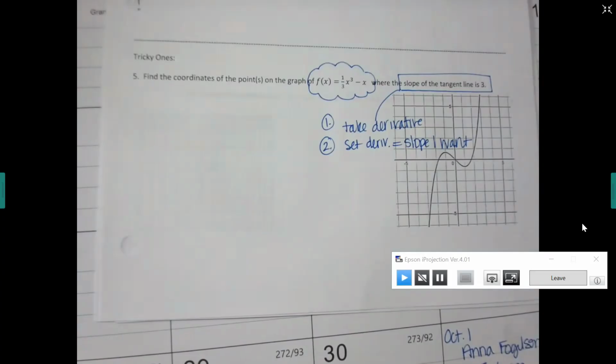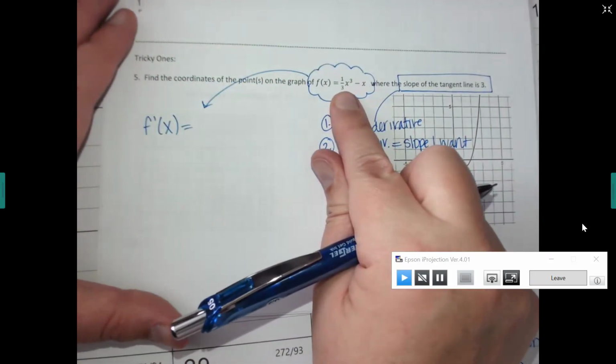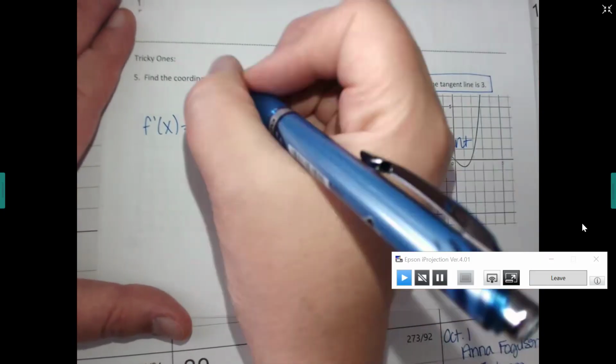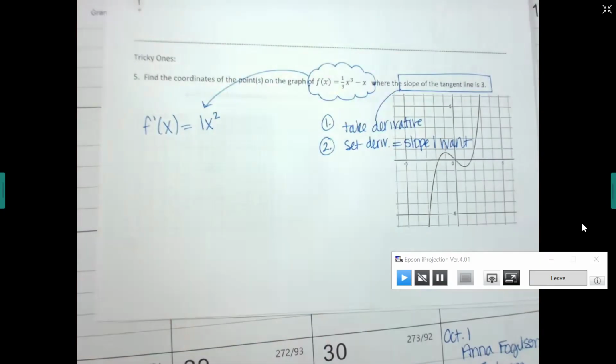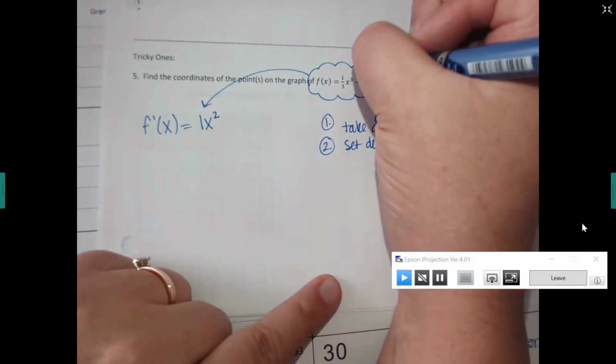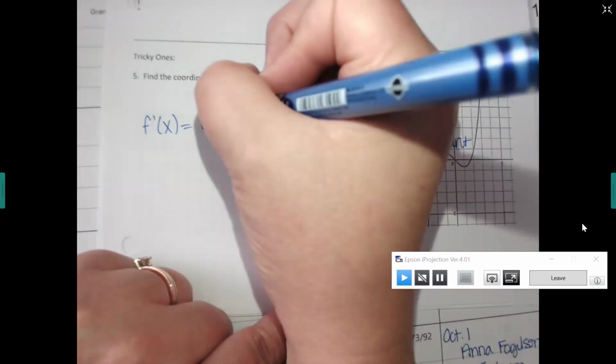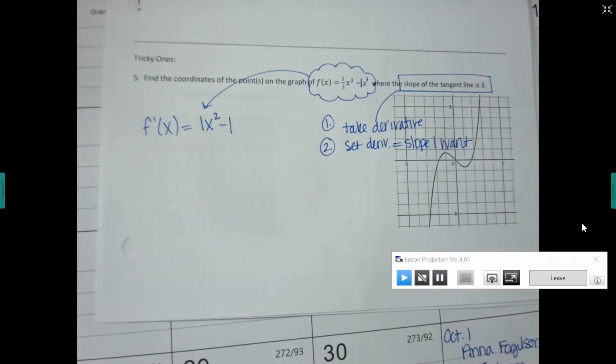Remember to take the derivative, you just times the exponent down, then take away 1. So if I want my derivative, f prime of x equals 3 times a third is how many? 1. And then x squared now. Because remember, I have to take away 1 from the power. Okay, then for my minus x, that's a minus 1x to the 1. So 1 times 1 is 1. My x will drop down to go away because it was already an x. It would go down to 0 when you reduce it.